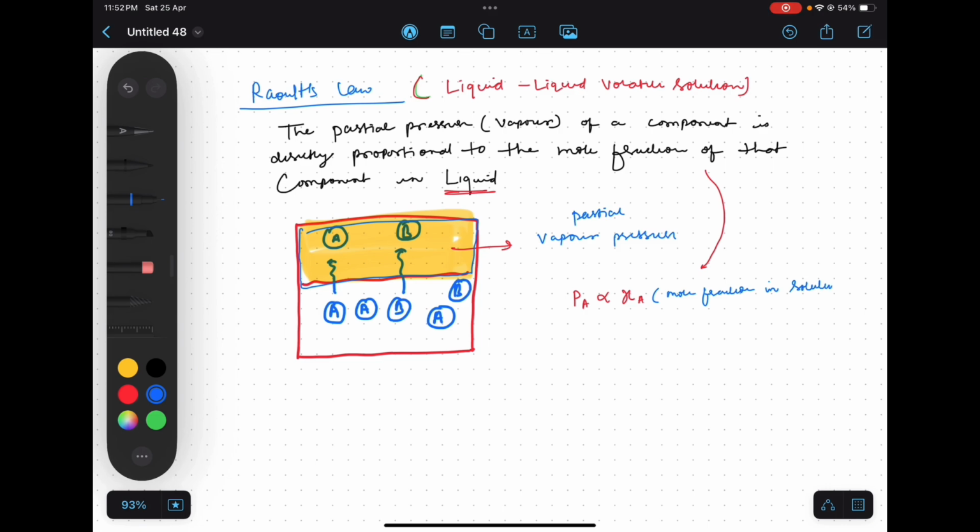By solving further, the proportional sign is changed to a proportionality constant. This proportionality constant is equal to PA naught, which is defined as pure partial pressure.